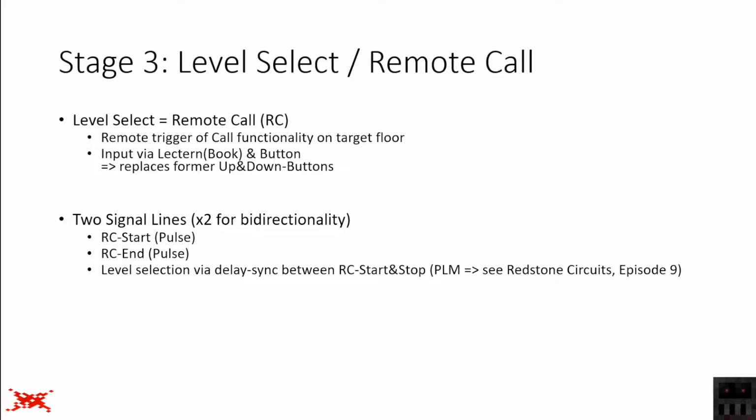Each floor basically has a certain delay programmed in, and if the pulses arrive with that specific delay in between, then a call on this floor is triggered. This is basically a variation of pulse length modulation. If you want to know more about this, I explain it a bit more in my Redstone Circuits episode 9.